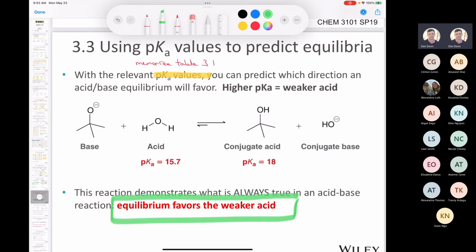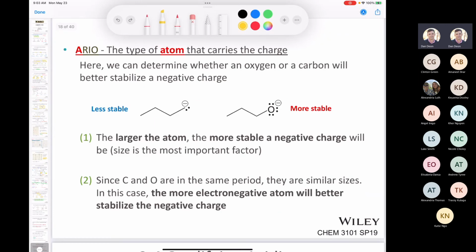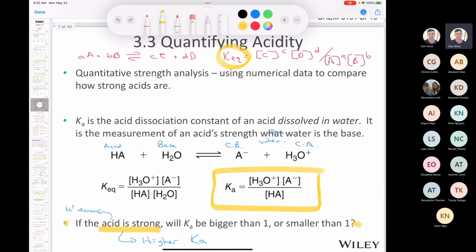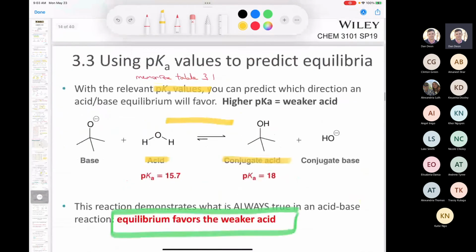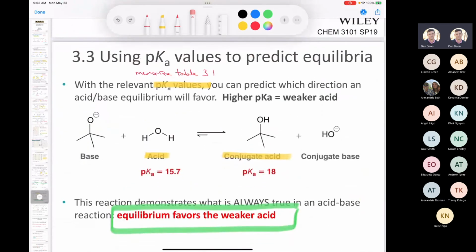Thus, if we compare these two acids, if you compare water as an acid and this alcohol as the conjugate acid, since water has a lower pKa, it can make it rain protons more, so it lies to the side of the weaker acid. And that's why we write the equilibrium arrows in this way, where you see that this one, the one that's pointing to the right, is bigger.